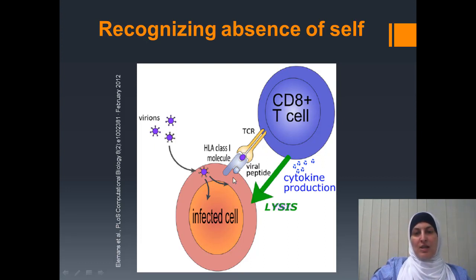So now it will start showing the viral peptides, because the cell has just started producing these viral proteins. These viral proteins will be recognized by the T cell receptor, and now the killing T cell, or cytotoxic T cells, will start the immune reaction, and killing of the infected cell will take place. This is for the T cells, which are part of the adaptive immune response, remember.